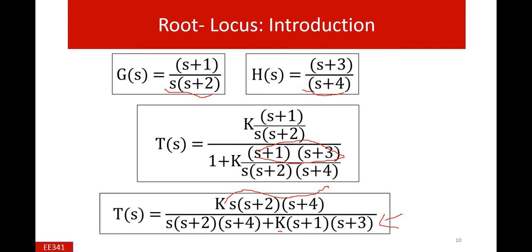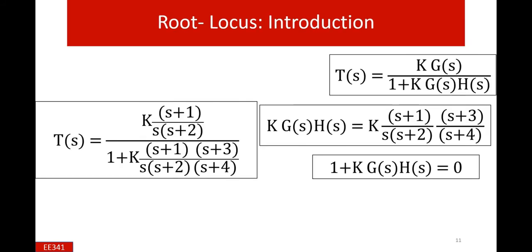So this is important. If we change the value of K from some minimum value, maybe 0, then there are only three poles: one at 0, another at -2 and the third at -4. Similarly, if we approach infinity, the values are somewhere in between, and this concept will be clear in the next part of the lecture.